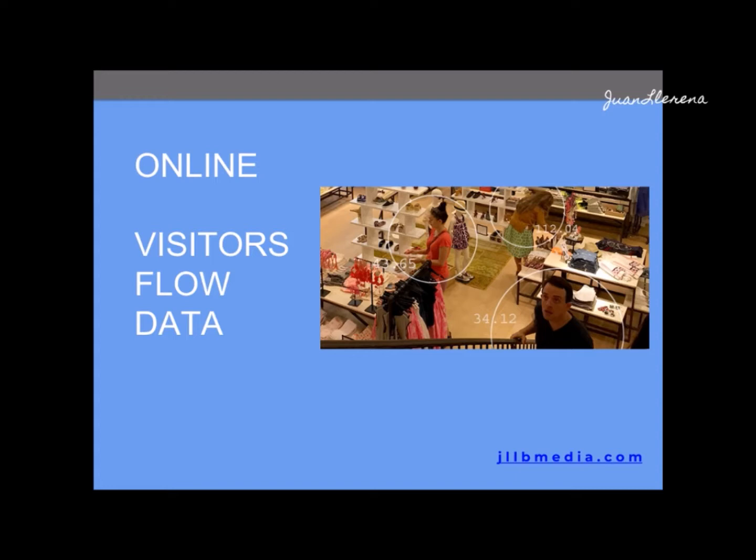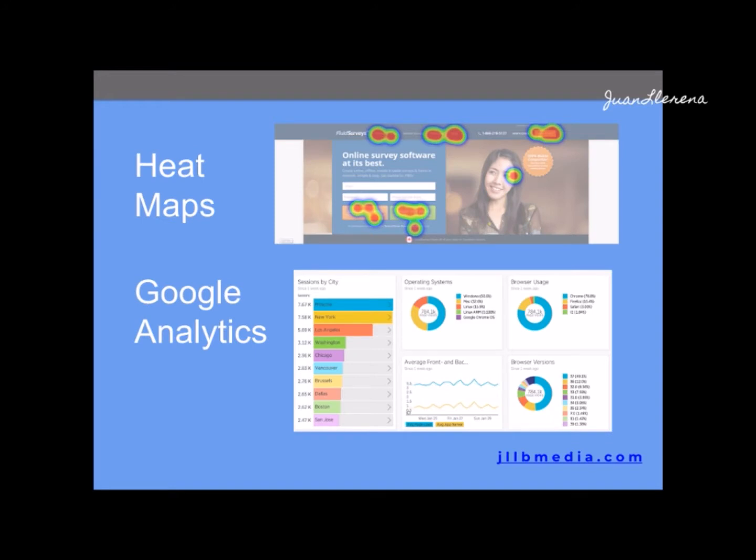Okay, so analytics will give us a way to learn about our visitor flow data, and this can definitely be done online with digital marketing and analytics. And here we can see a picture of the heat maps. We can see here, with different colors, what the most clicked areas on a particular website are.